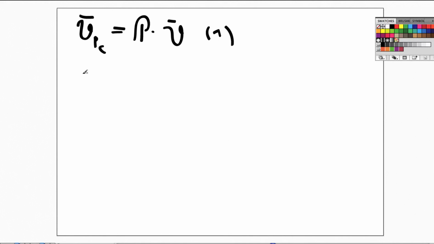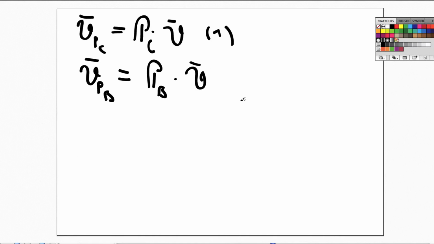But now, since we have two eyes in the sky, we have additional information in terms of VPB. This projection operator depends on the location of the observer, so here is another projection operator, PB, and it operates on the same three-dimensional vector V. This is our equation 2.